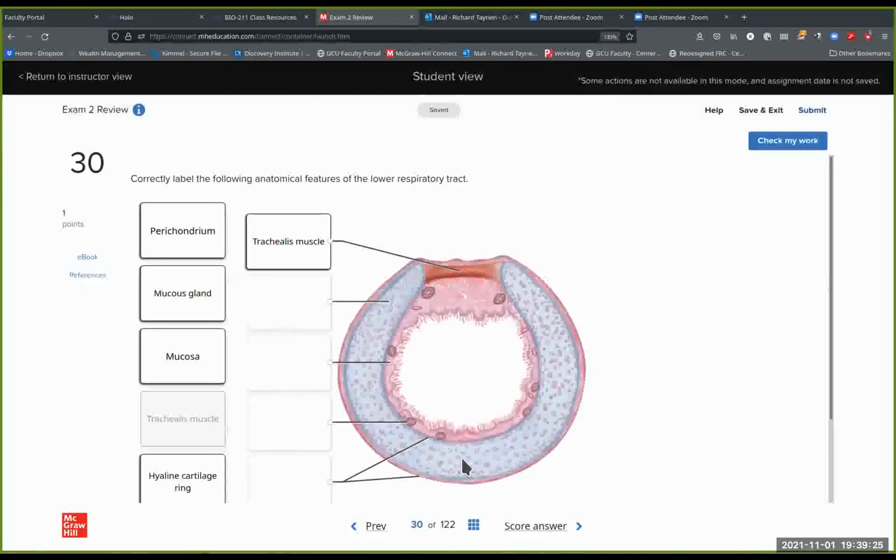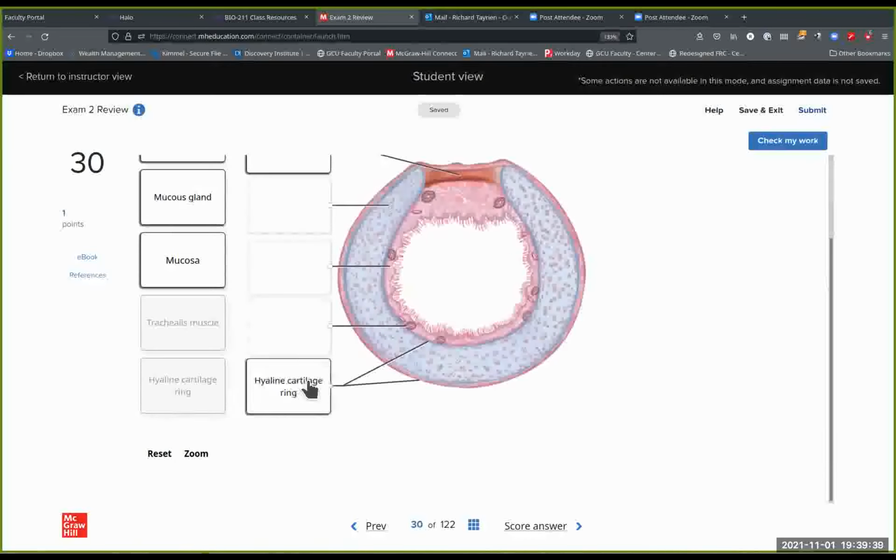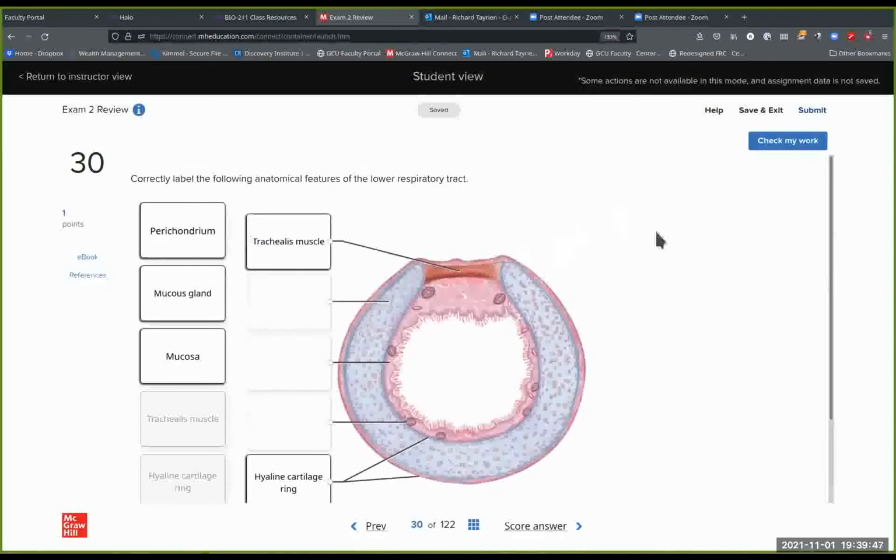So what is this? Is that the hyaline cartilage? That's right. And the lining. It's a mucosa.